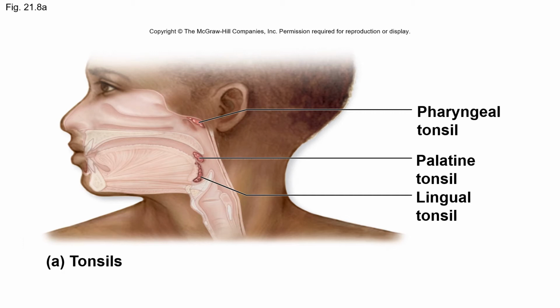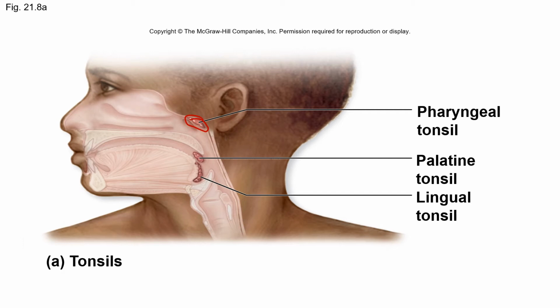Another organ in the body that has ample lymphatic nodules are the tonsils. You have three sets of tonsils. You have the pharyngeal tonsils on the back of the pharynx. Those are the ones most commonly referred to as adenoids, and that most often end up being removed.